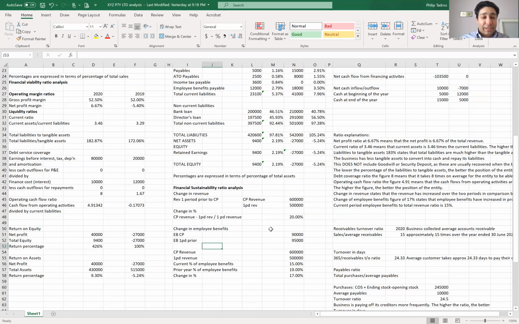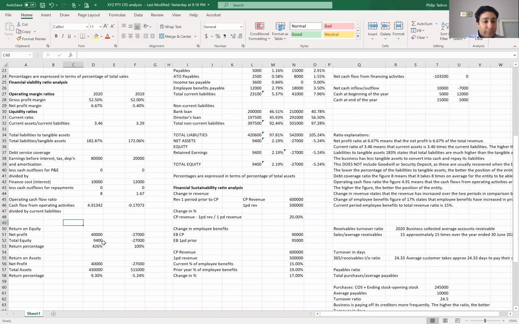Now, there are many other financial sustainability ratios, especially when you're working out purchasing capital expenditure, plant and equipment. But in this case, there have been no purchases of plant and equipment. Now, two simple other ratios you look at are return on equity and return on assets.